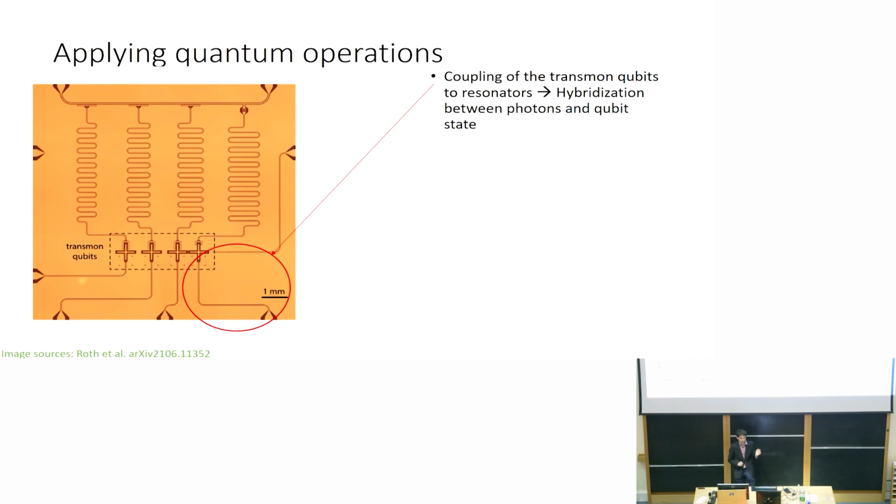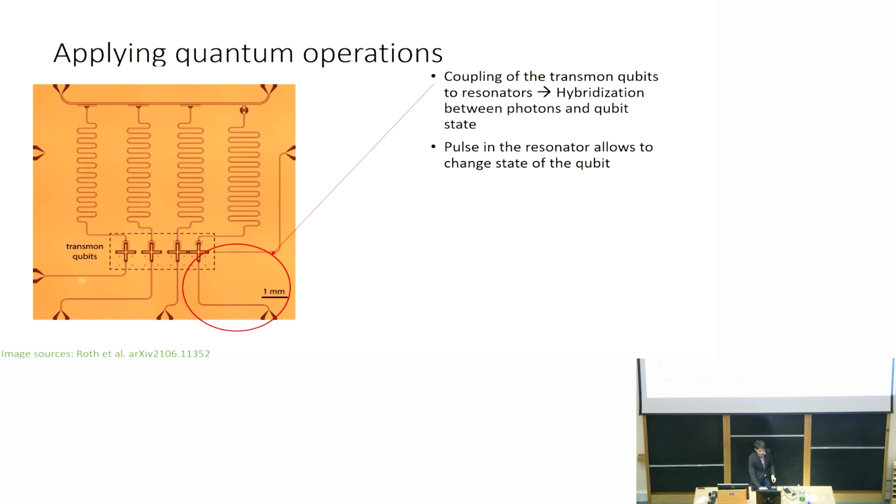What happens is that you get a hybridization between the photon and the qubit states, which means they are no longer independent of each other, but you get a slight dressing, similar to this quasi-particle picture Dumitru showed before. To lowest approximation, you can still separate them, but by applying a photon pulse, you can change the state of the transmon qubit.